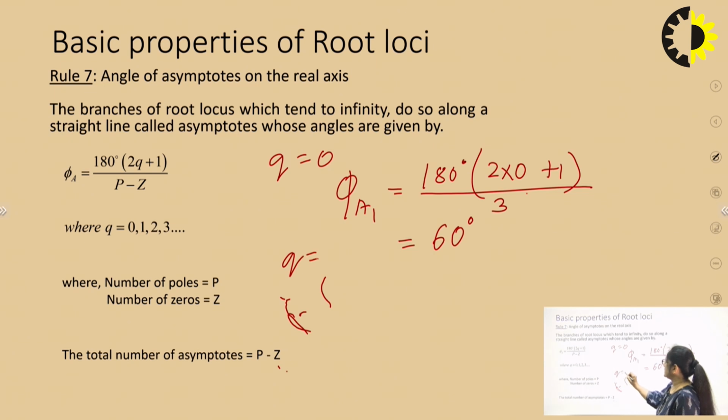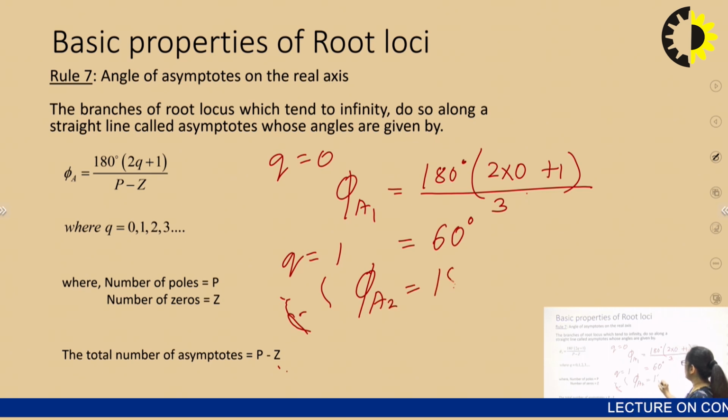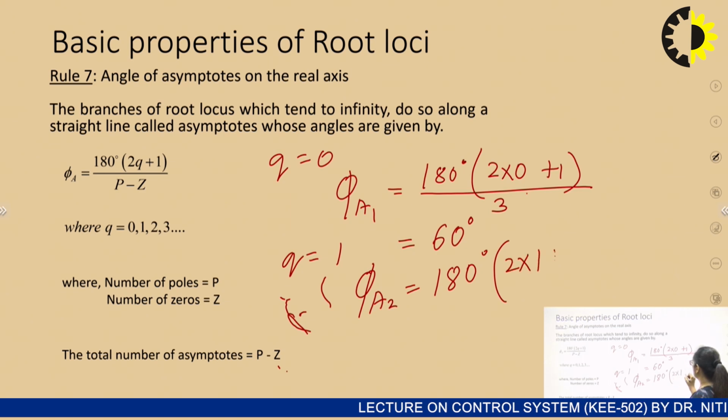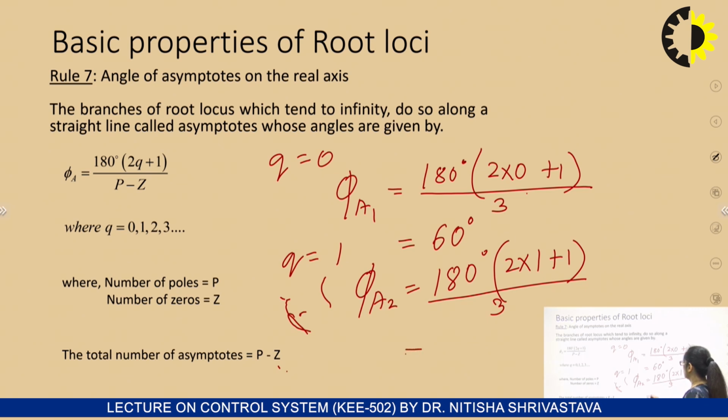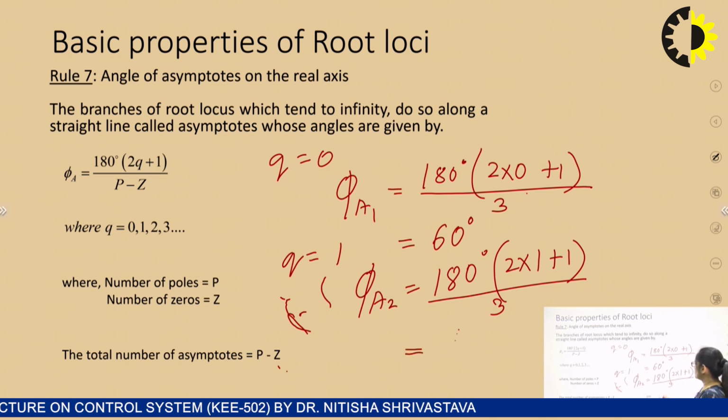Now for q is equal to 1, that is, let us say phi A2, it will be 180 degree, 2 into 1 plus 1 upon 3. So this comes out to be 180 degree.